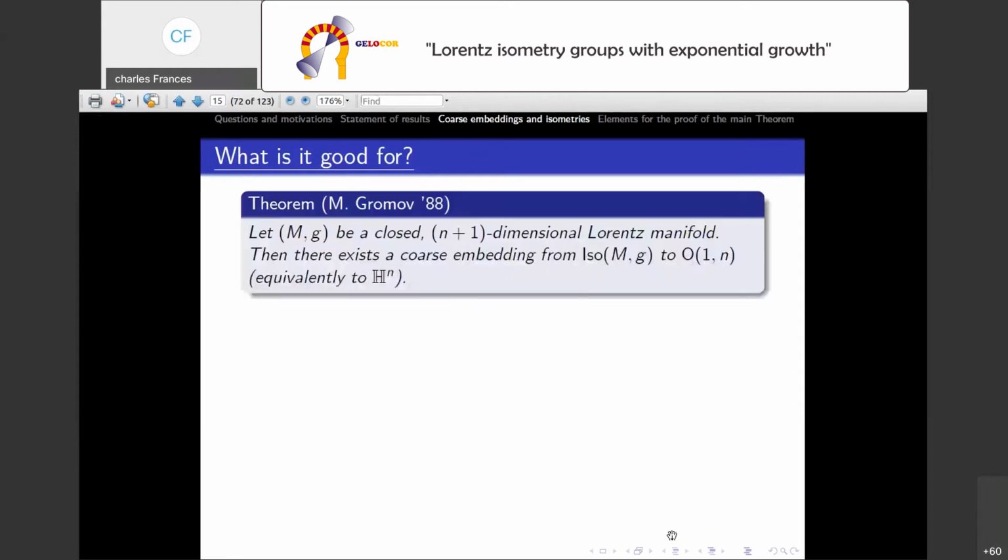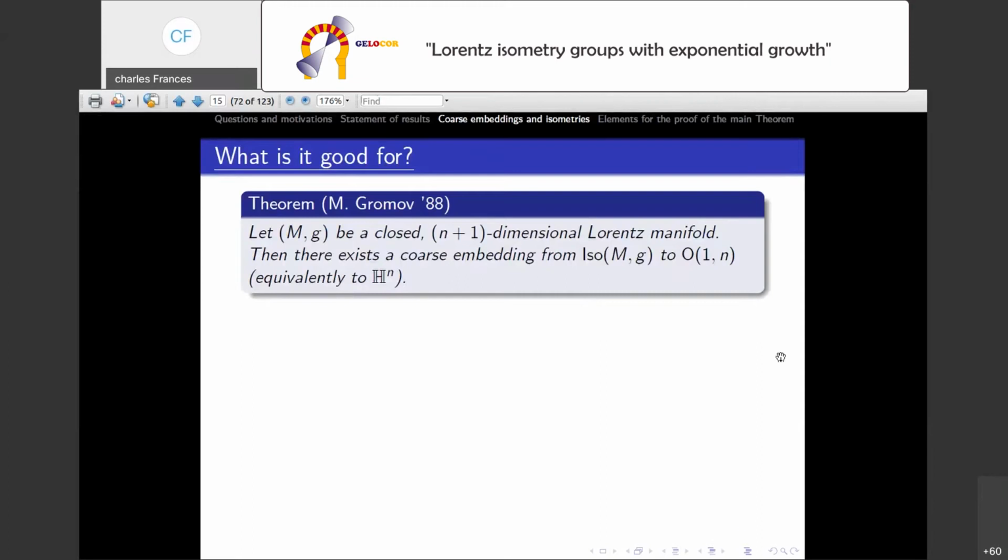It comes from the following theorem of Gromov. In Gromov, it's a remark actually, because the proof is a two-line proof. But the remark of Gromov is that if (M,g) is a closed Lorentz manifold, then the isometry group Iso(M,g) coarsely embeds into the Lie group O(1,n).